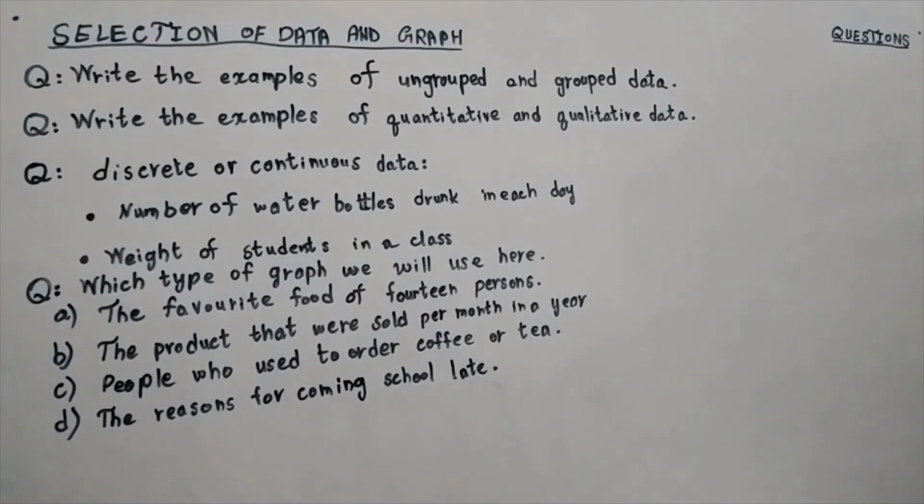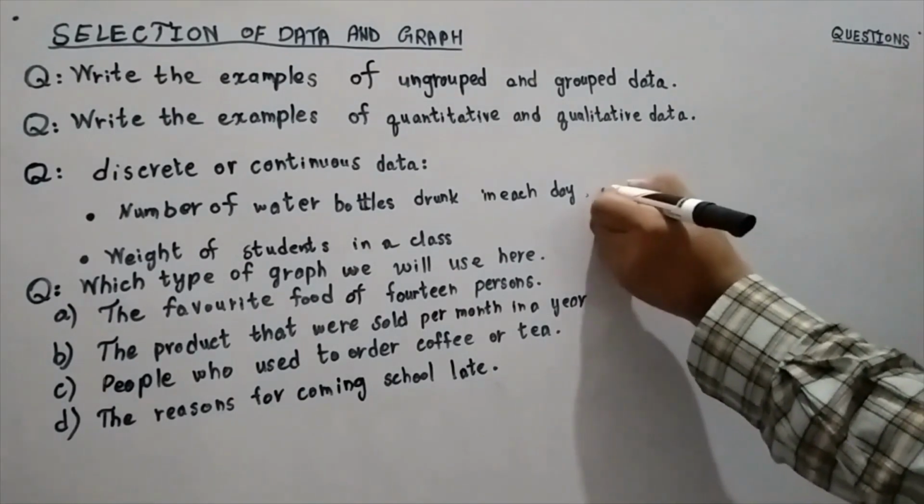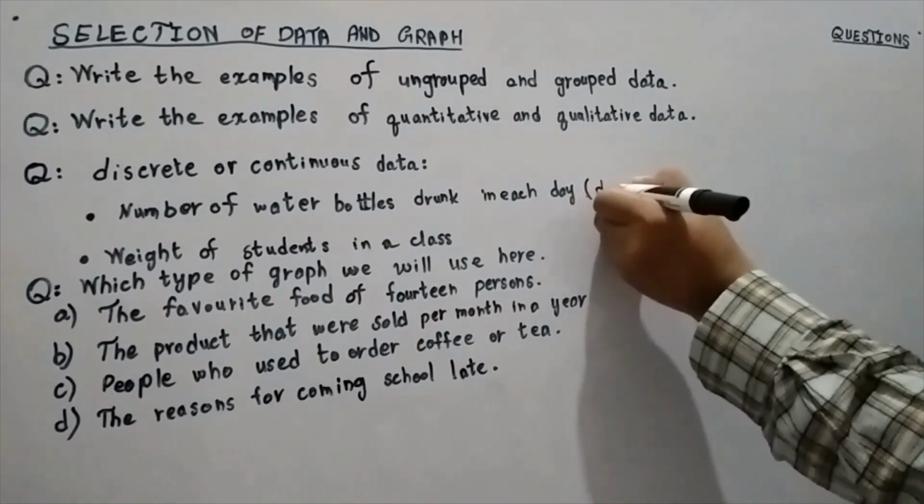If I say I have drunk 5 bottles in a day, 6 bottles, 7 bottles, 4 bottles in a day, you can see I will get a discrete number here, discrete data: 6, 7, 8, 9. So it is discrete data.